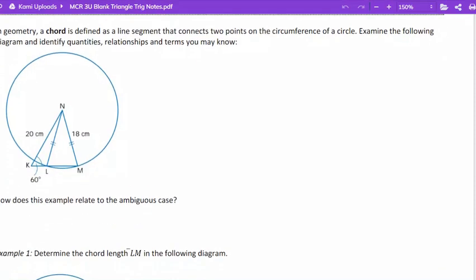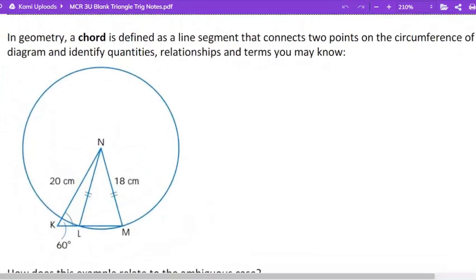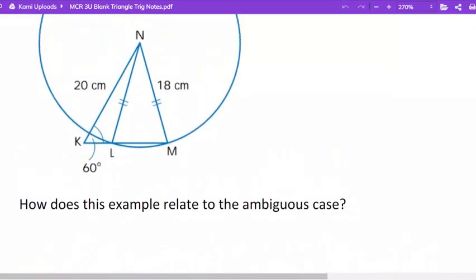So here we have an ambiguous case. This triangle is KN either to M or KN to L. So we know that this angle of L and this angle of M are supplementary angles. What do they add up to? 180. If they are supplementary, they are 180. Now, how do I know?